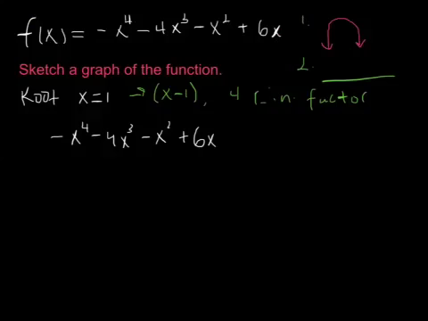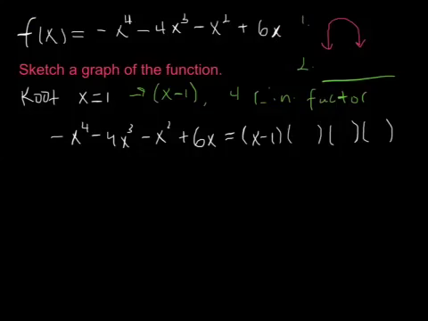And what do I know? Well, I want to write it in factored form, and I know one of the factors is x minus 1. And I don't know any of the other factors. I know there's going to be 3 of them, though. I could give them names, but I don't really need to at this point. I'm just going to leave them there to be solved.